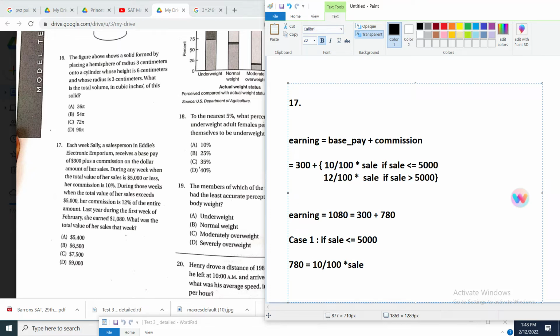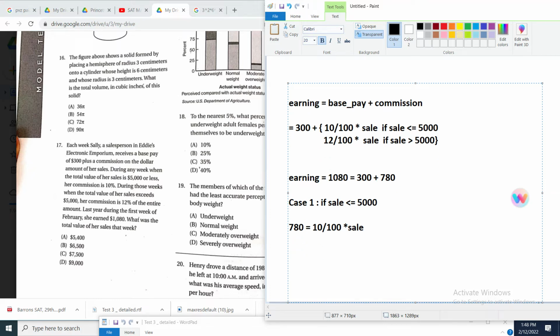So we can see from this equation that sale is 10 times 780, which is 7,800, which contradicts our assumption that sale is less than or equal to 5,000. So this is a contradiction.